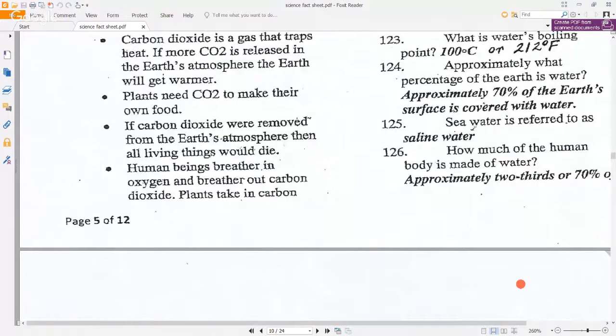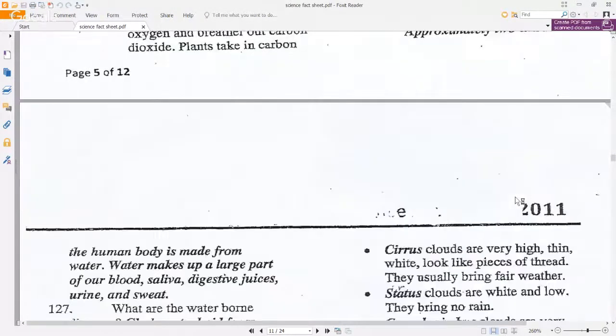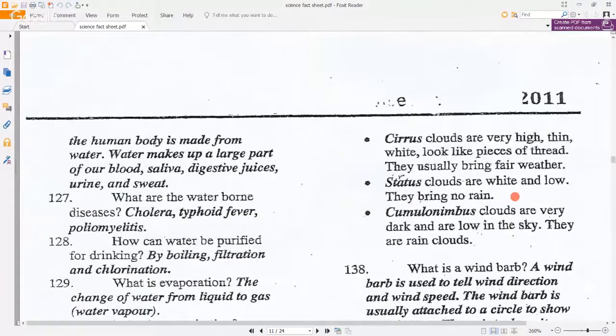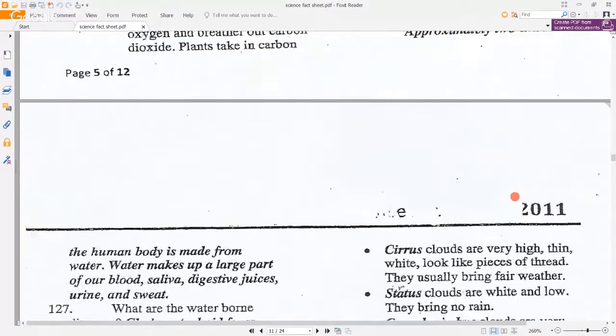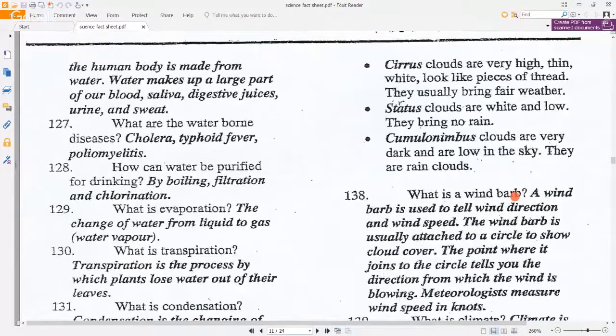How much of the human body is made up of water? Approximately 2/3 or 70% of the body is made up of water. Water makes up a large part of our blood, saliva, digestive juices, urine, and sweat.